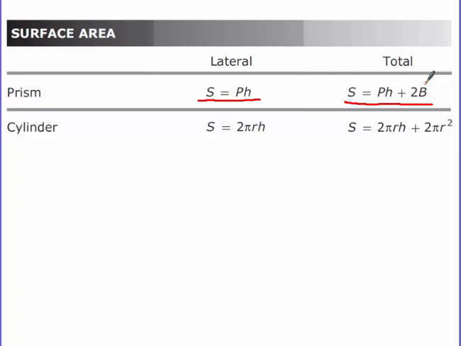With the cylinder, we've got circles for bases, so we have a different formula. For lateral, we have surface area is equal to 2 pi RH. And for total surface area, it's the lateral surface area, 2 pi RH, plus 2 pi r squared. And we'll find out in a few minutes where all that comes from.